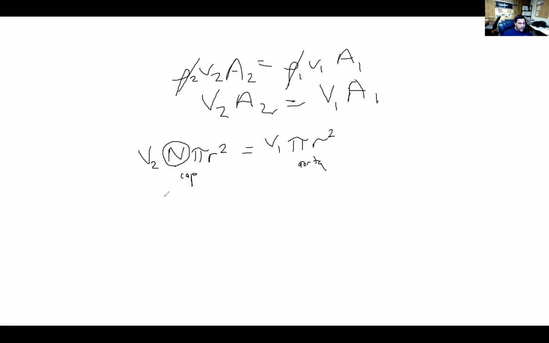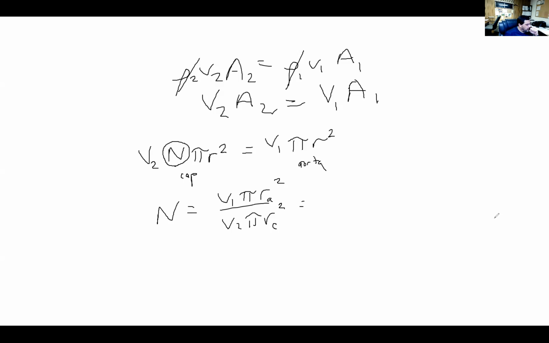So what I'm going to do is solve this for n, which is V1 pi radius at the aorta squared over V2 pi radius squared at the capillaries.